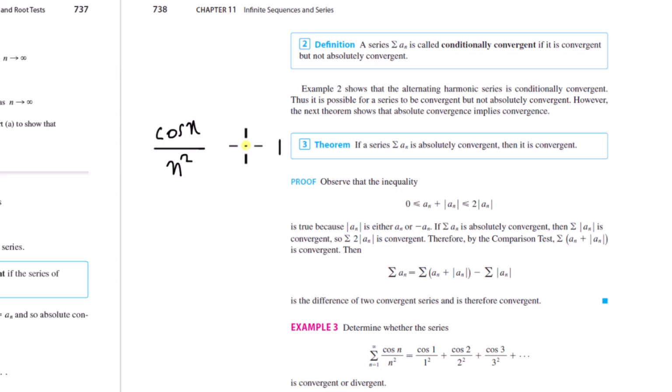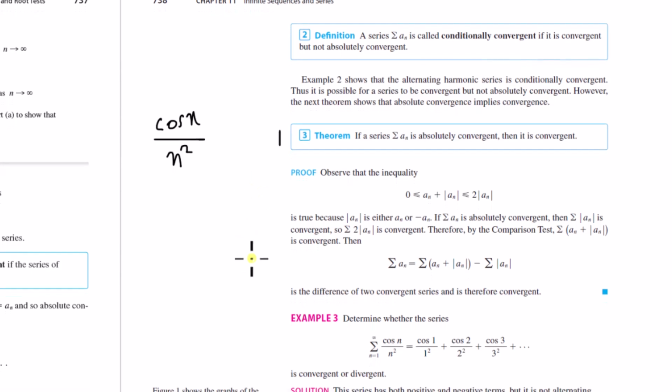That the series sum of the absolute value of the sequence isn't convergent. So it would be a mistake to say that, well, then the alternating harmonic series is not convergent, because we know it is. But it works the other way around though. If the absolute value series is convergent, then you know your original series is convergent. So that's very powerful. Very powerful tool.